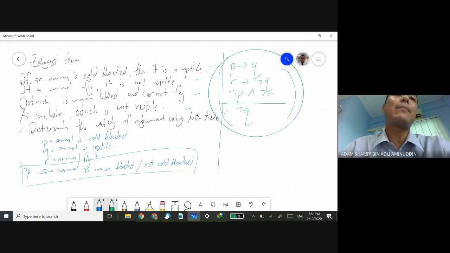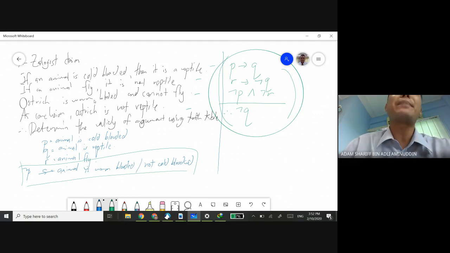If you read the first premise, if an animal is cold-blooded, then it's a reptile, you already know it has an implication, it has an arrow, P implies Q. The second one, if an animal flies, has an implication. It is not reptile, so it has implication plus not. And the last one, there is no implication, no if-then.